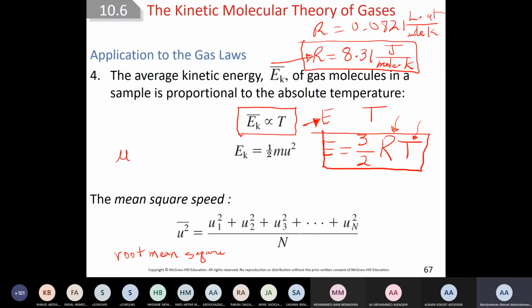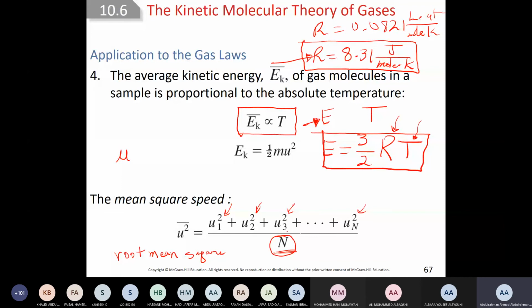This is all I want you to know in this equation: we calculate the square of the speed of each molecule, and then divide it by the number of molecules, and this is called U squared.